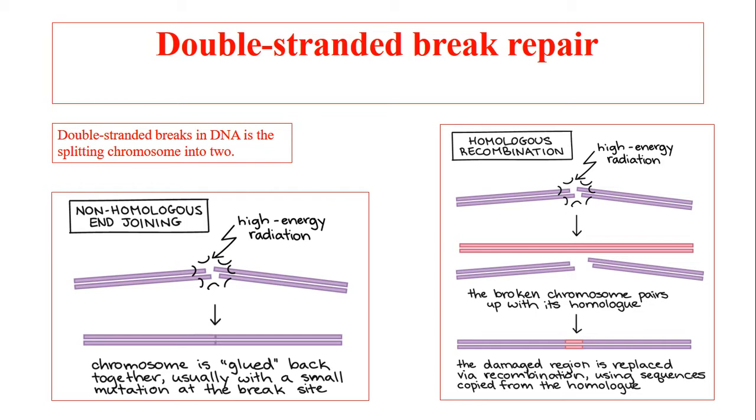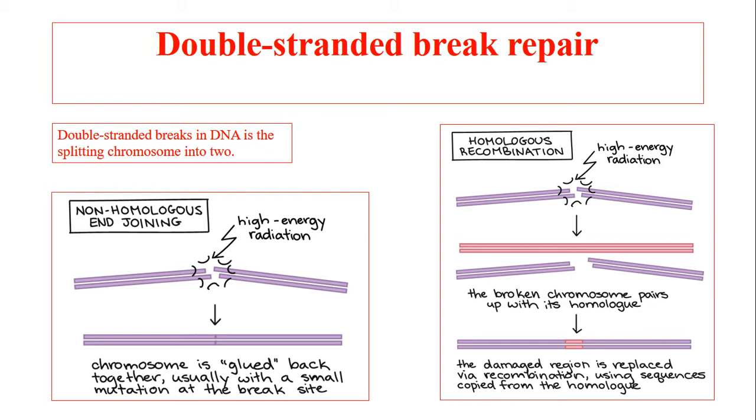Two pathways involved in the repair of double-stranded DNA breaks are the non-homologous end joining and homologous recombination pathways. In non-homologous end joining, the two broken ends of the chromosome are simply glued back together.